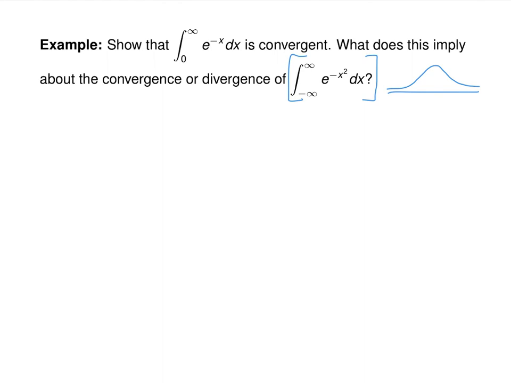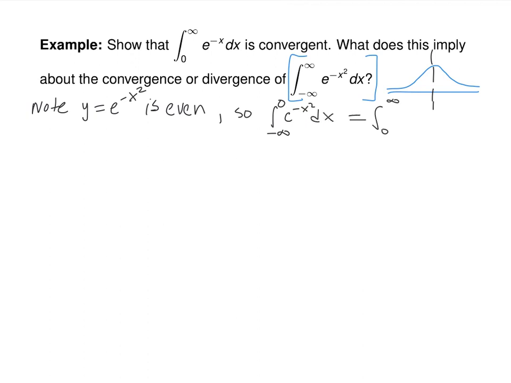Okay, so first of all, that second integral goes from minus infinity to infinity, and the first one goes from 0 to infinity. So what the heck? What you should note, first of all, is that the function y equals e to the negative x squared is even, with symmetry about the y-axis. So the integral from minus infinity to 0 of e to the negative x squared dx will equal the integral from 0 to infinity of e to the negative x squared dx.